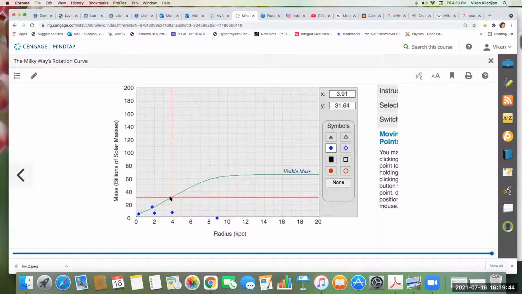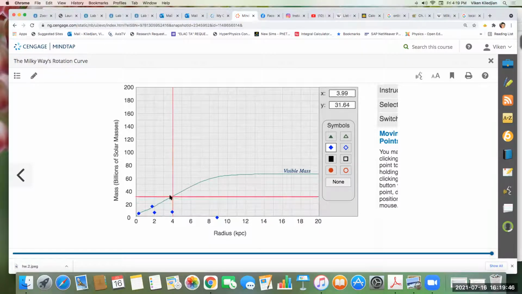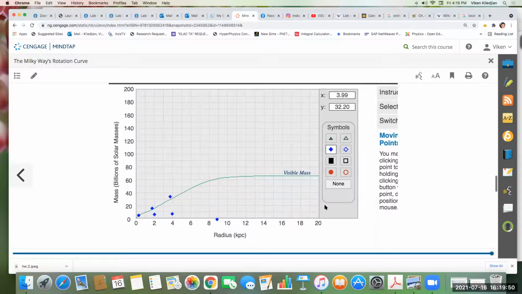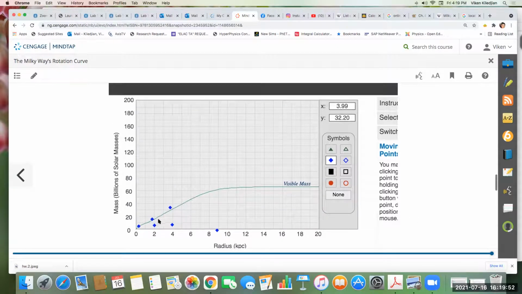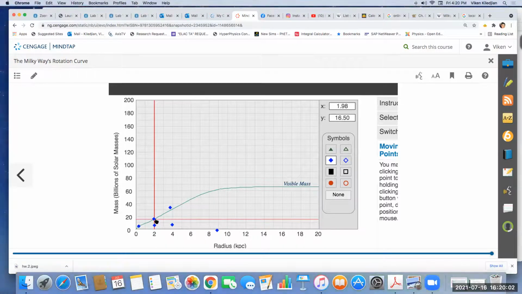At 4, the visible matter is 32.2. So let me look at that again. At 2, the visible matter is 16.5. I'm looking up here to see the visible, that's the y-axis.